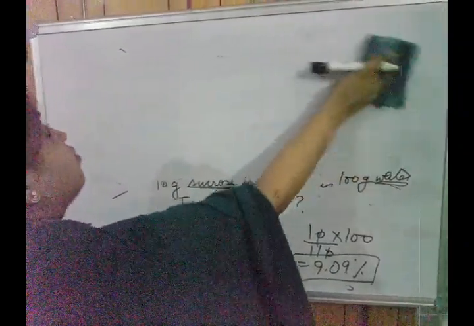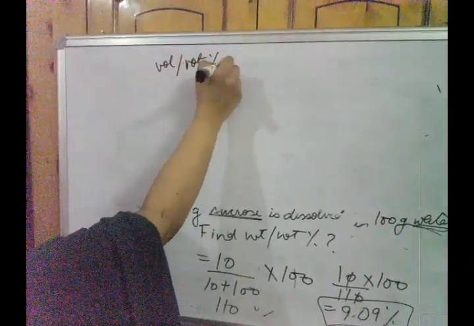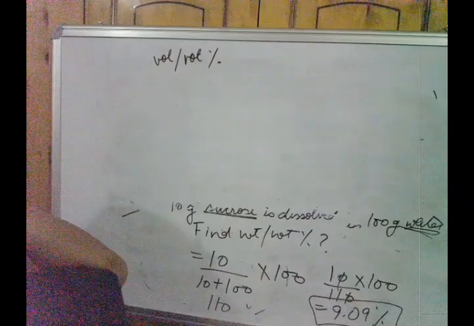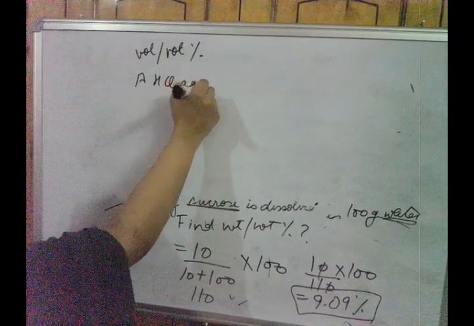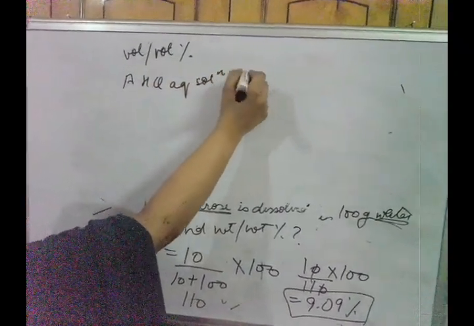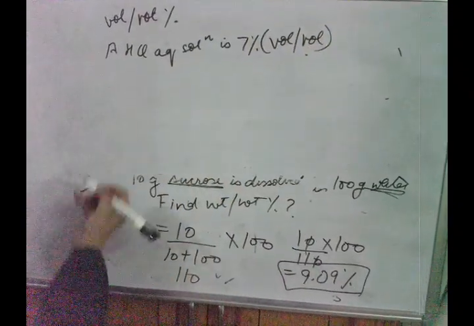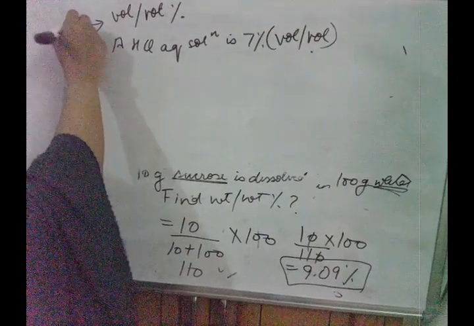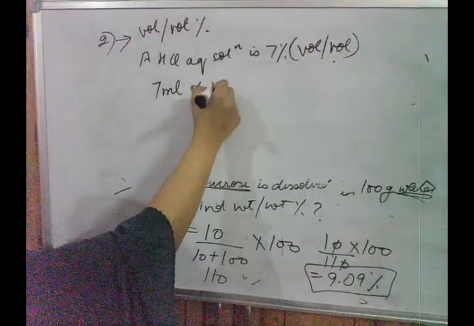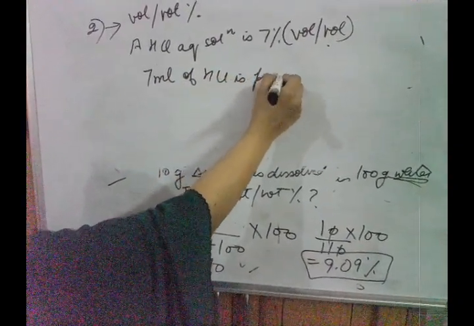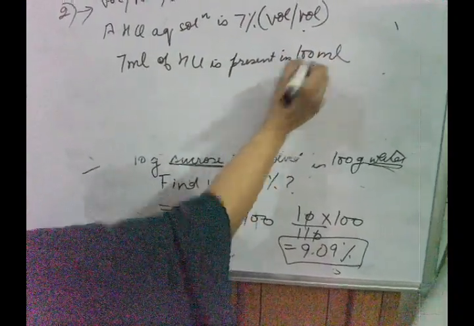For example, if we say an HCl aqueous solution is 7% volume by volume, what it implies is 7 ml of HCl is present in 100 ml solution.